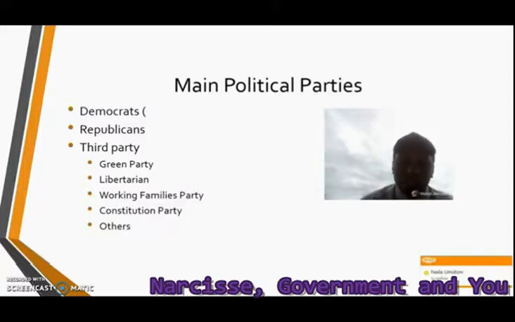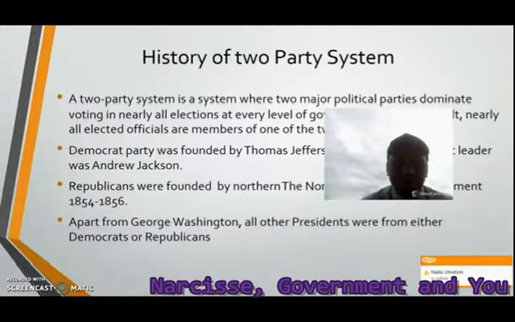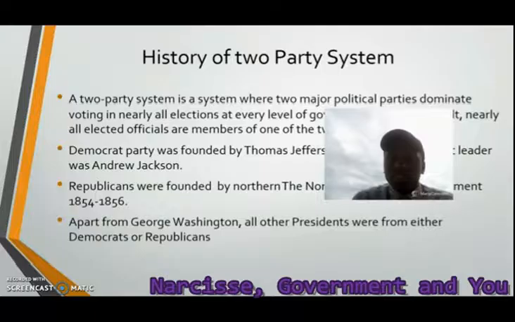Let's talk about the two-party system. The two-party system is a system where the major political parties dominate the elections that have happened in the USA so far. This means, apart from George Washington, the first president of the United States, all others came from the Democrat Party or Republicans.